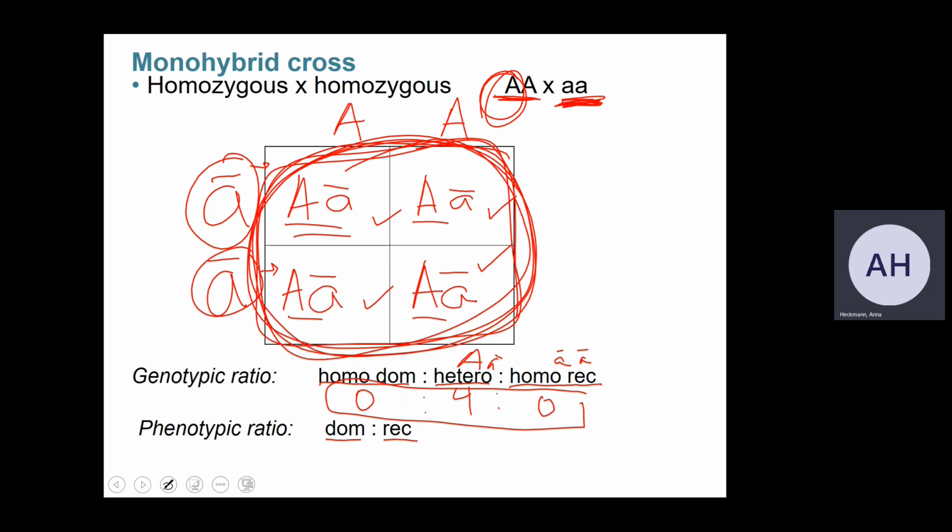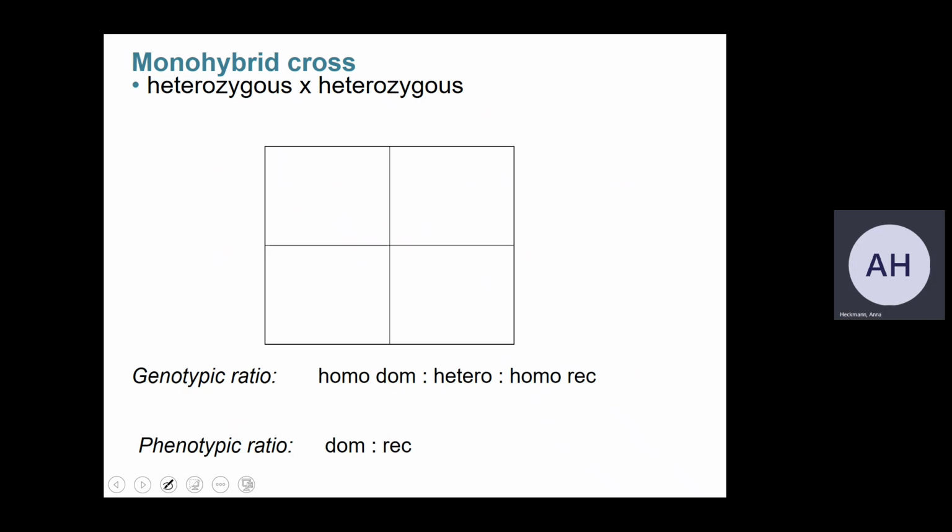So that's 1, 2, 3, 4. So we write 4. And then recessive, there's none that are going to display the recessive phenotype. So that's 0. So 4 to 0 is our phenotypic ratio for this cross.